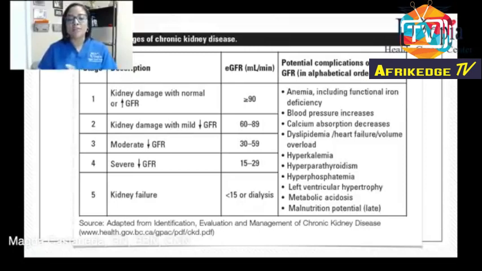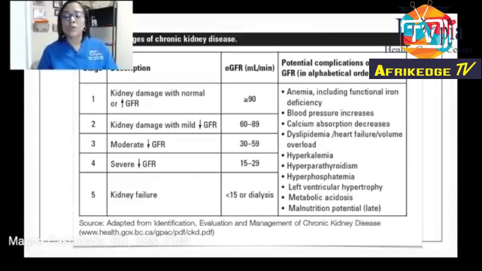On the first line is the description line, and then the second line is the stage. So it says stage 1, and in description it says kidney damage with normal or higher GFR. And again, the GFR is how well the kidney is filtering. So in this case, there's not much to do.